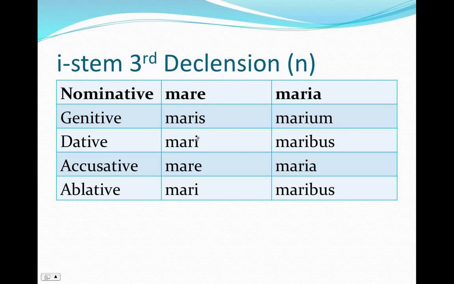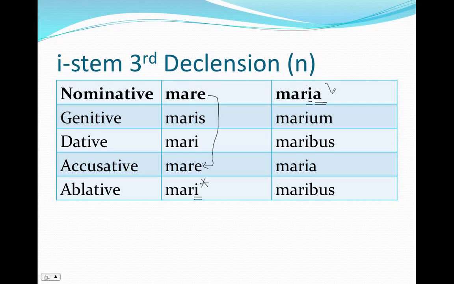So mare, maris, mari, it's perfectly normal. Accusative, mare, just like the nominative. But then in the ablative singular, mari, the I shows up. So the singular: mare, maris, mari, mare, mari. And then in the plural, the nominative plural still ends in a, but that I creeps in.